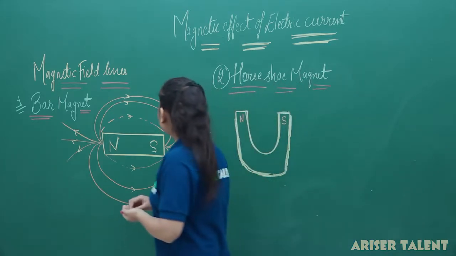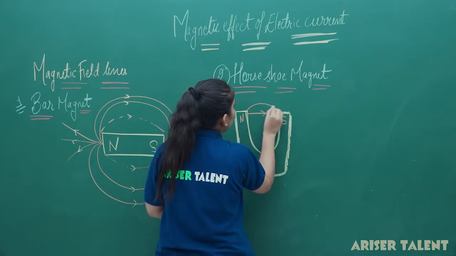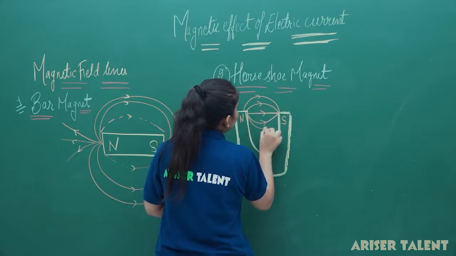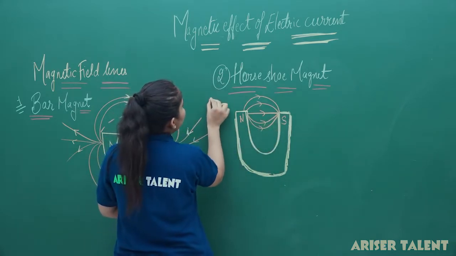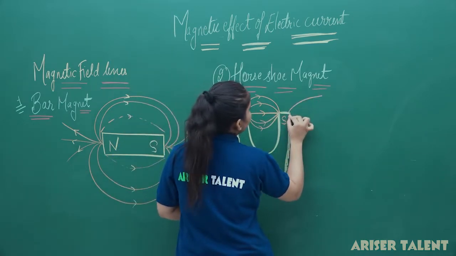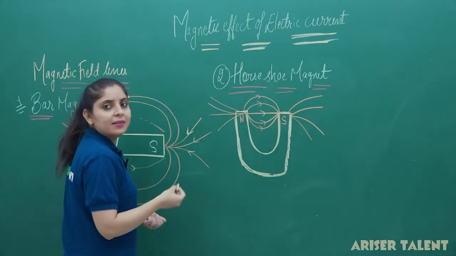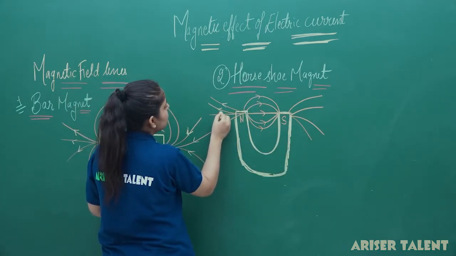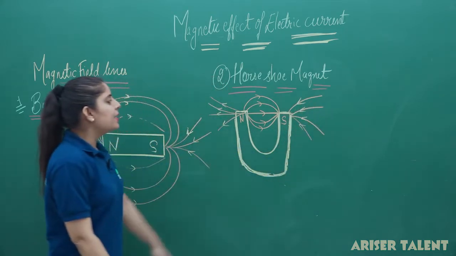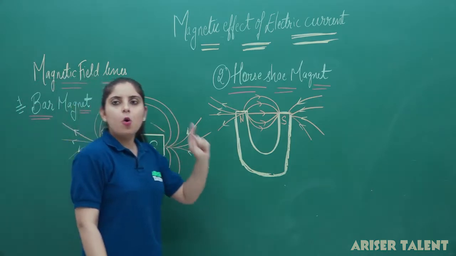Now I can draw the magnetic field lines of this horseshoe magnet like this. They also emerge from north to south. Again, these are our leaving ends and these are our entering ends here. So I can mark the direction of the magnetic field. So this is the magnetic field in the case of the horseshoe magnet we have. This is our bar magnet and this is our horseshoe magnet.